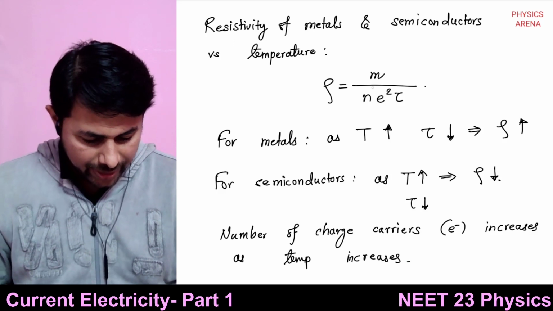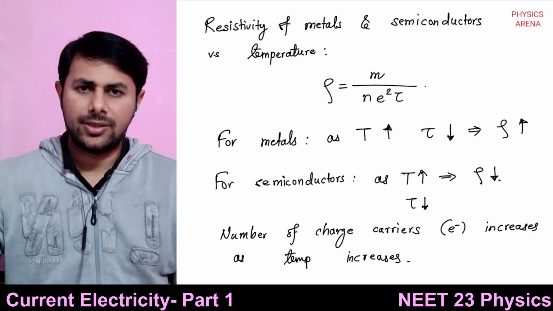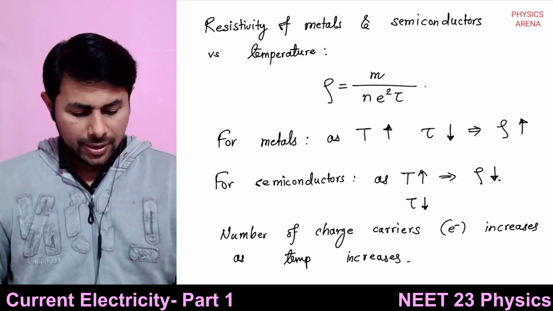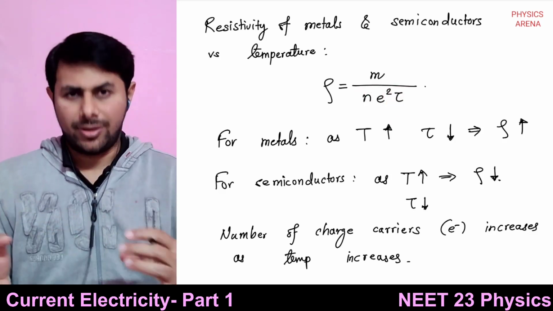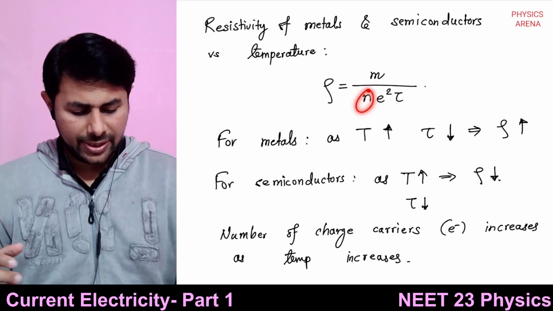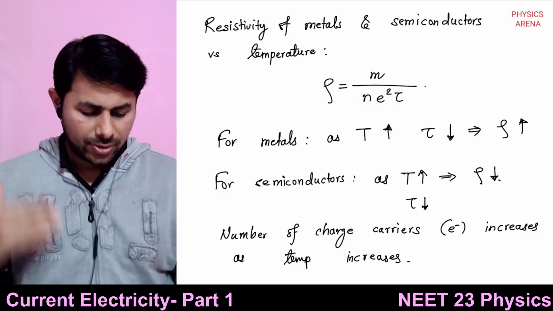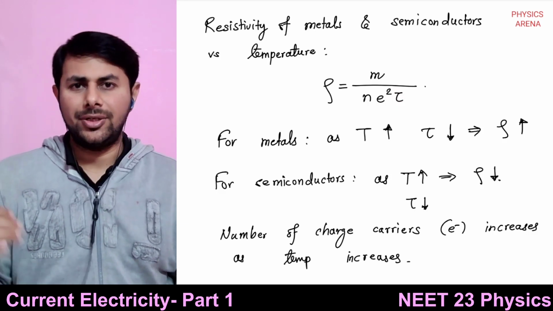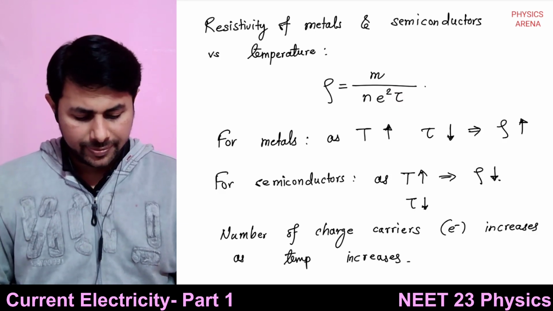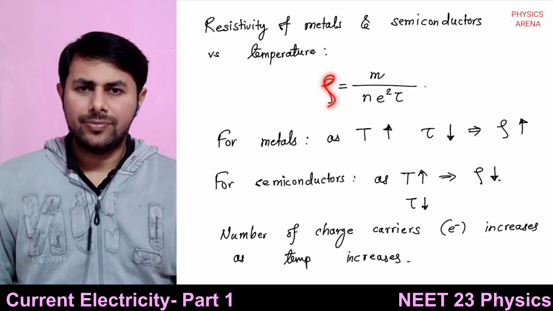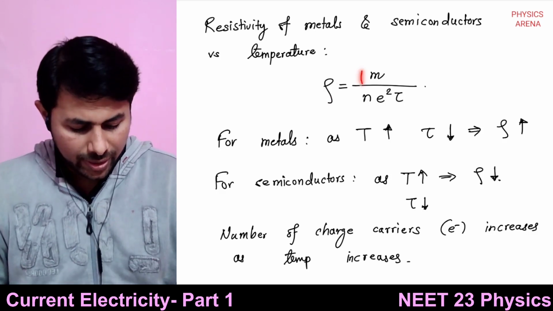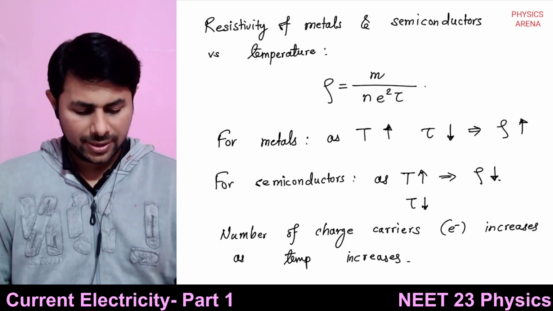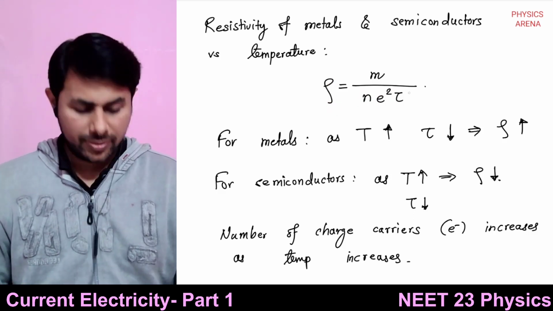And therefore what will happen now? If n increases and tau decreases, it is a competition between n and tau, right? n increases faster compared to the decrease in tau, and that's why rho will decrease, because rho is inversely proportional to n and tau both.